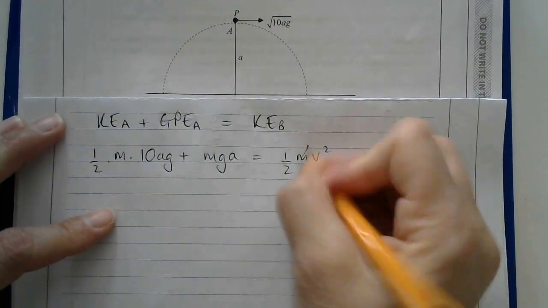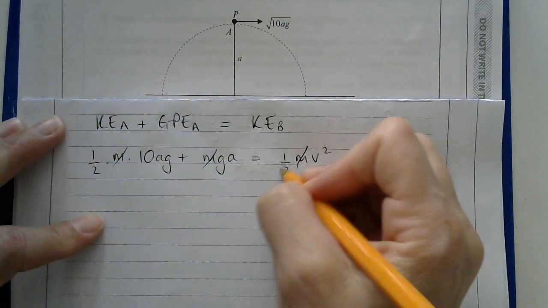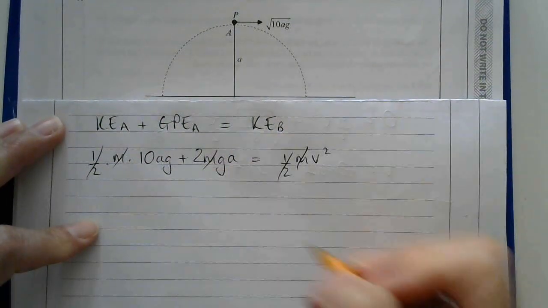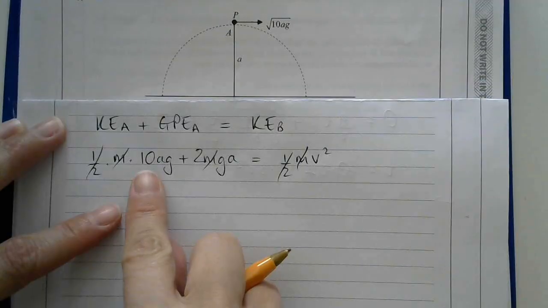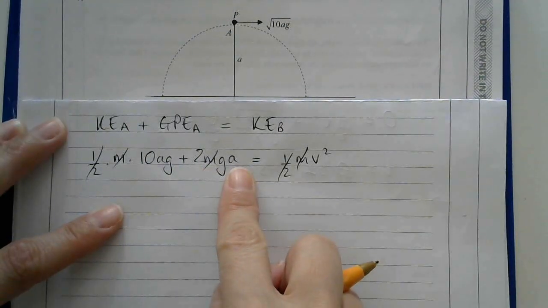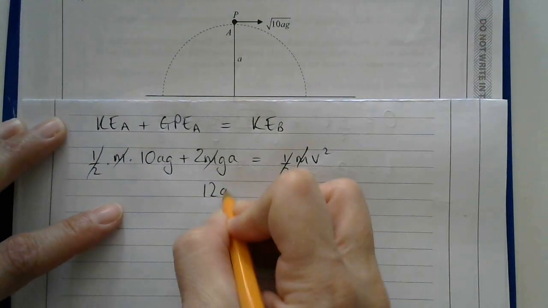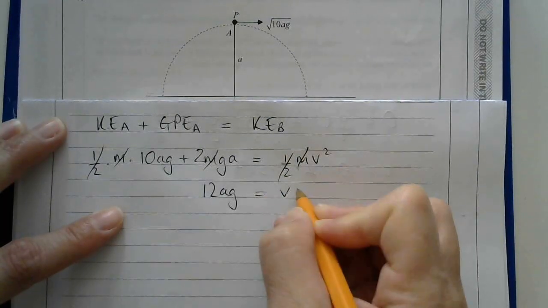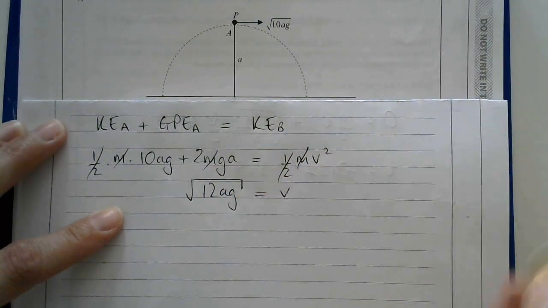So I can divide everything by m, I can multiply everything by 2, and so I end up with 10ag plus 2ag, so that's 12ag, is v squared. So v will be the square root of 12ag.